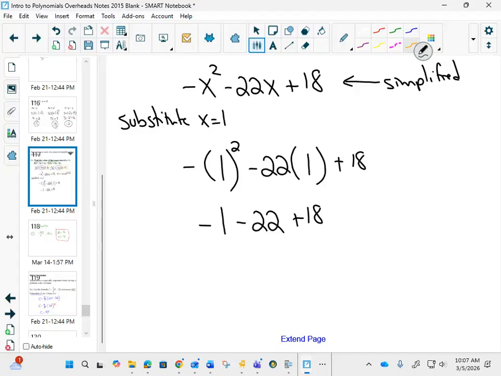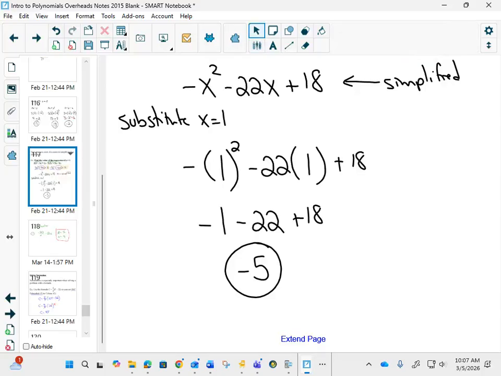Plus 18. Negative 5. So this is substitution.